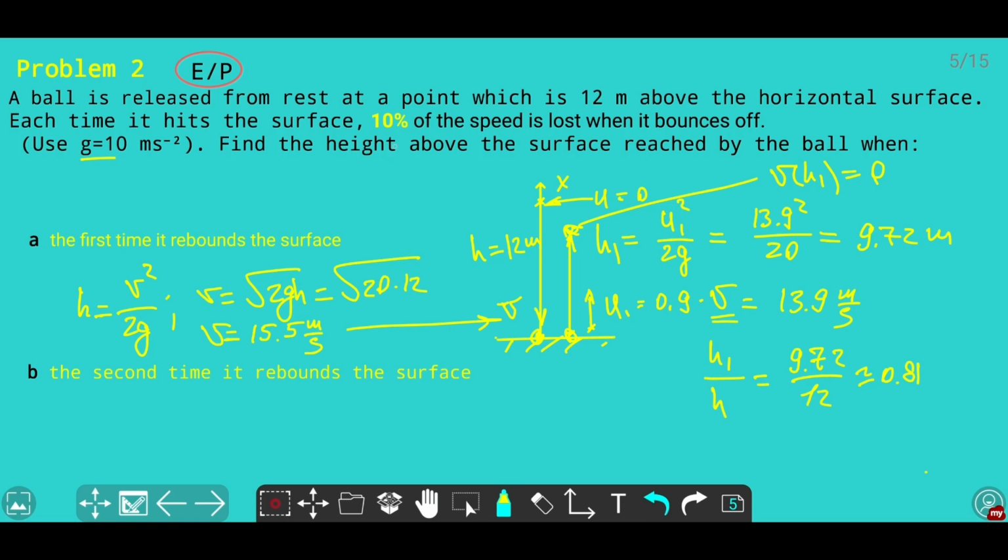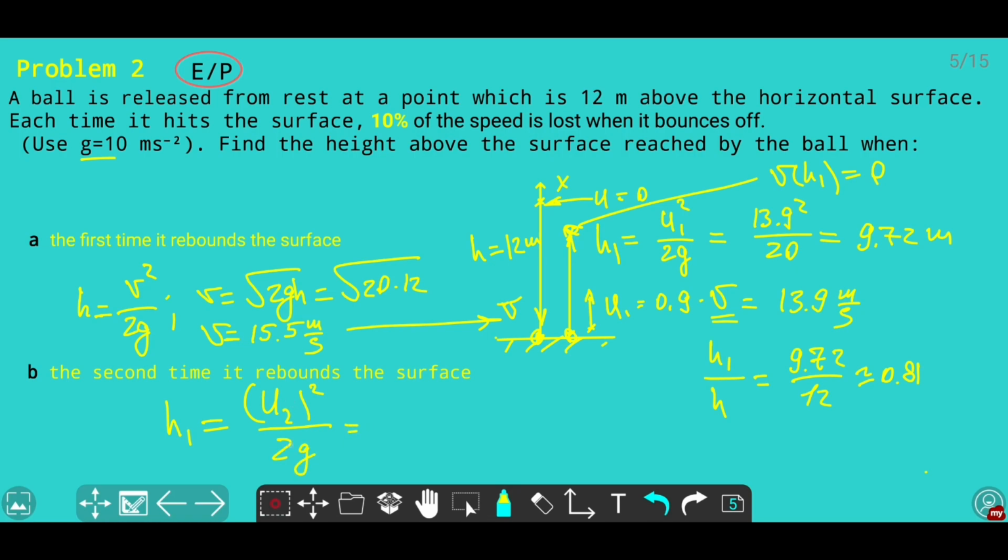Okay, so second time it rebounds from the surface. Now what we can do, we can apply the same approach, and simply we can just say that u1 squared becomes u2 squared. So that's going to be now u2 squared over 2g. And now we need to understand what u2 is in terms of u1.